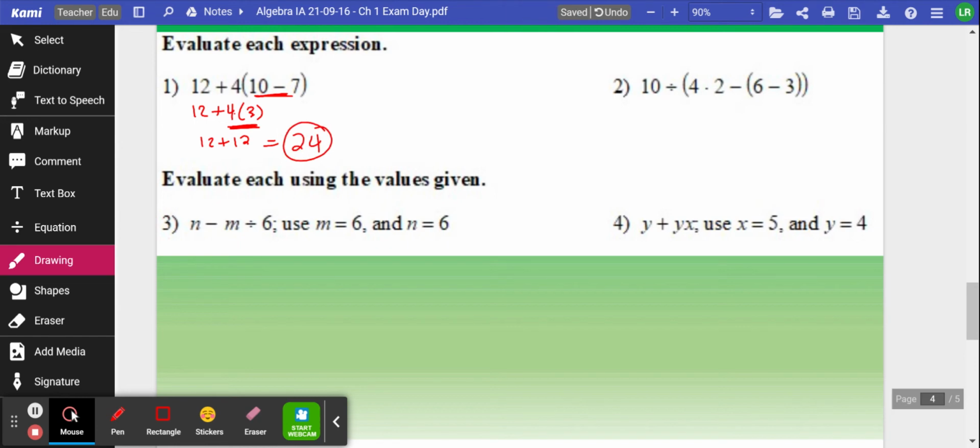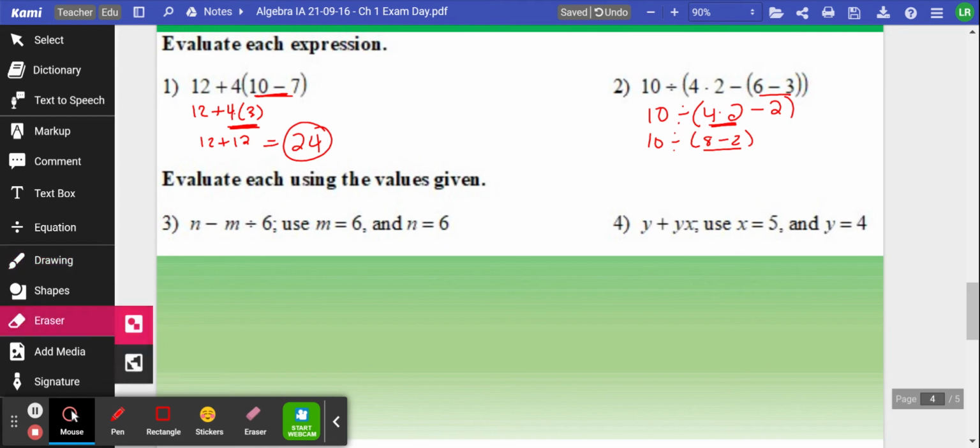For number 2, inside most parentheses first. So that is 2. Drop it like it's hot. I got to make sure I write everything just the way it is. Inside these parentheses, I have my times. So 4 times 2 is 8, still inside my parentheses. Guys, I apologize.